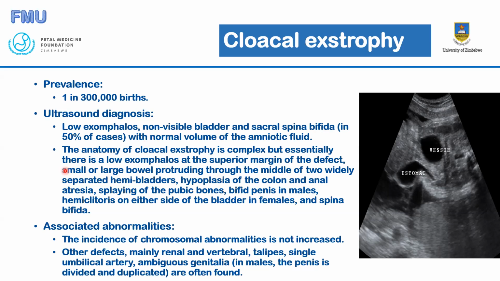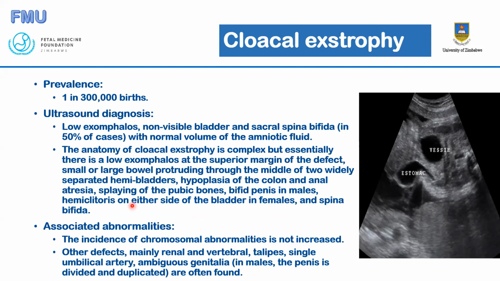The anatomy of the cloacal exstrophy is complex, but essentially there is a low exomphalos at the superior margin of the defect, a small or large bowel protruding through the middle of the two widely separated hemibladders, and the hypoplasia of the colon, and anal atresia, splaying of the pubic bones, bifid penis in males, and the hemiclitoris on either side of the bladder in females, and the spina bifida.